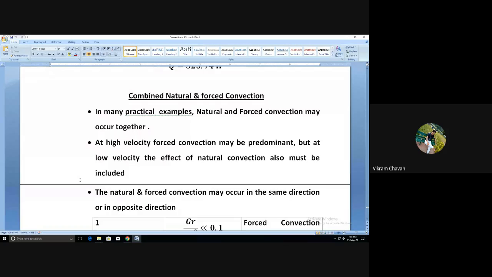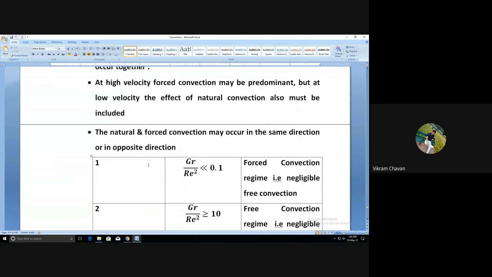Okay, and for that we have to consider some cases: when we require only forced convection and have to neglect the free convection, or when we have to consider both free and forced convection. So to adapt the problem statement as per the requirement, we require some correlations, and for that reason we are using the Grashof number and Reynolds number.